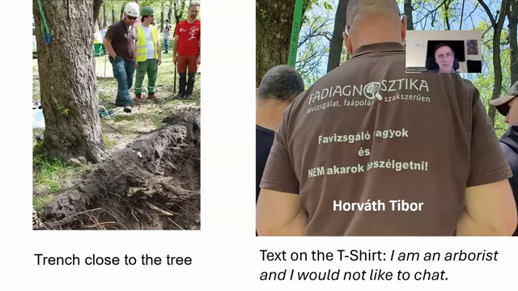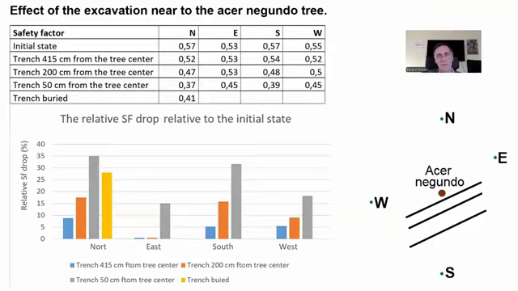And on the right, you see Tibor Horváth, and he is wearing a t-shirt with a text: I'm an arborist and I do not like to chat. He realized that many people are interested in what an arborist is doing, and when he's chatting too much, the work is slowing down.